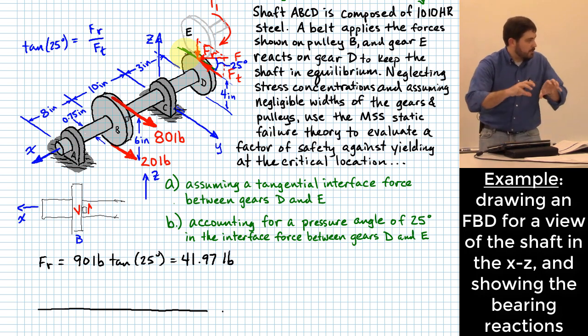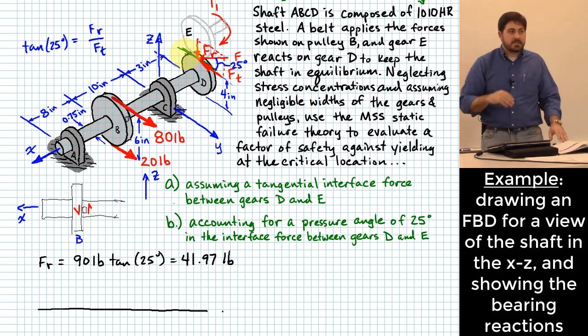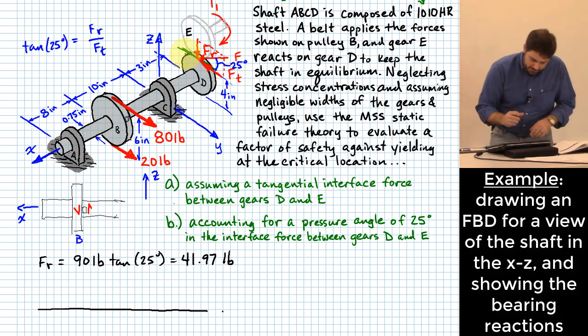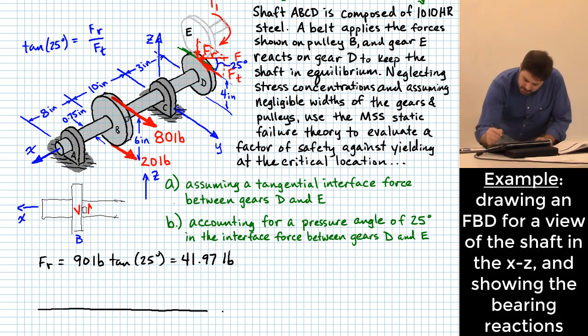Bending moments around the y will cause flexure in the xz. With me so far? And so I need to actually show that on here as a downward force. I'll put up here, this is z, this is x, and I have this downward force here of 41.97 pounds.